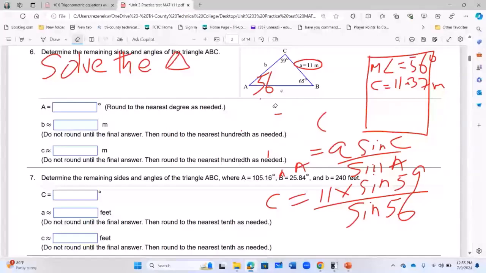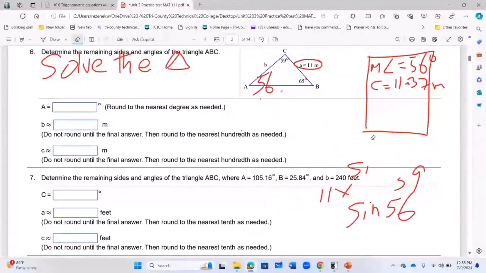This is what is called solving: you are told to find all the missing parts, then you are solving the triangle.